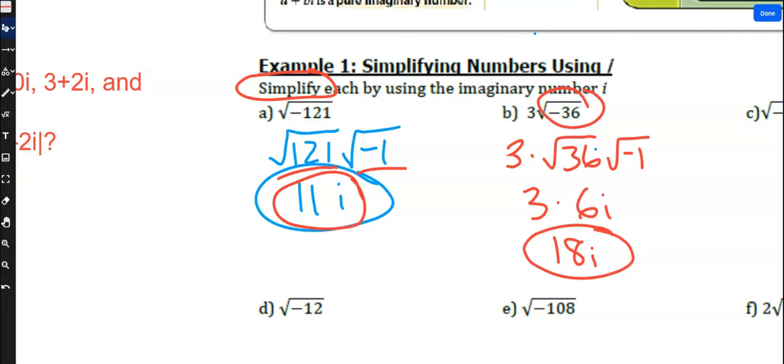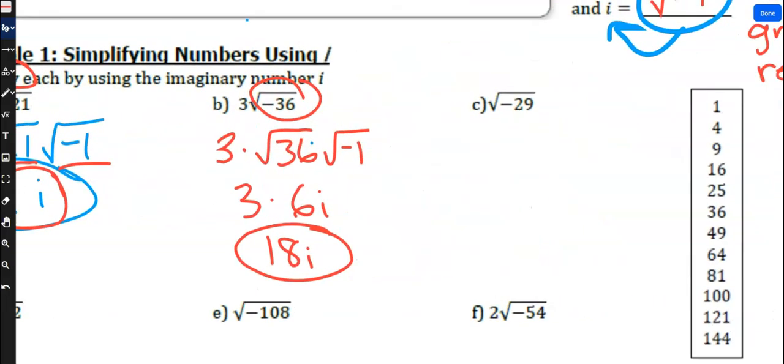Now, when we finish these questions, we are going to treat i just like any other variable we've ever dealt with. There is one situation we're going to watch out for, which we'll talk about later. In this particular situation on part C, there's no perfect square which goes into 29. So the only thing I can do is disconnect that -1 from the 29, which gives me i square root 29.